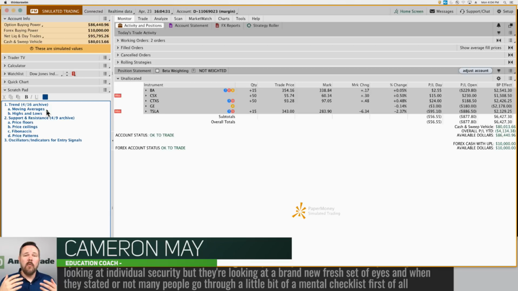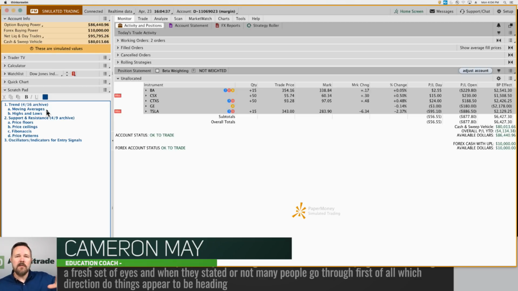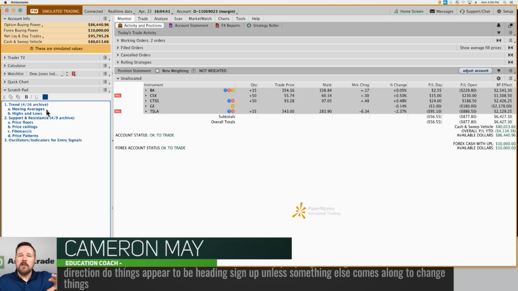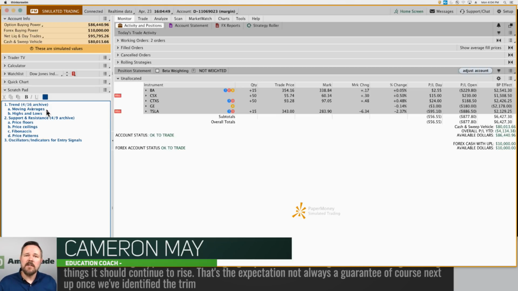First of all, which direction do things appear to be heading? A lot of technicians assume that once something's going up, unless something else comes along to change things, it should continue to rise. That's the expectation. Not always a guarantee, of course. Next up, once we've identified the trend of a stock, then we might look to see, well, where are we within that trend?